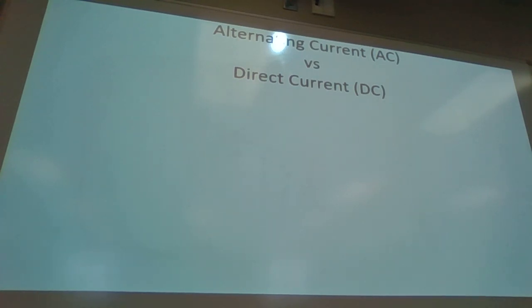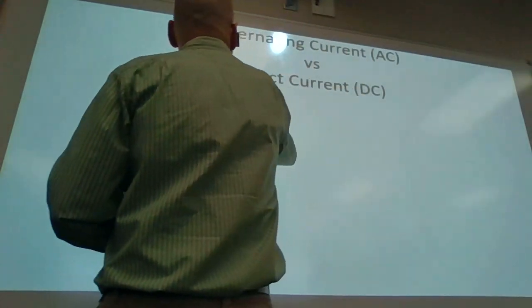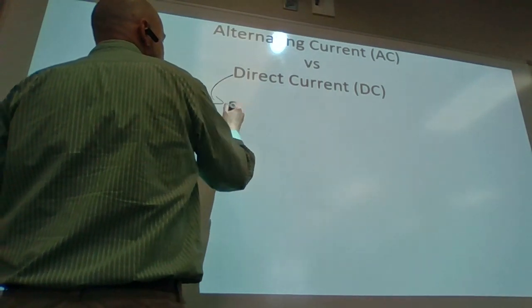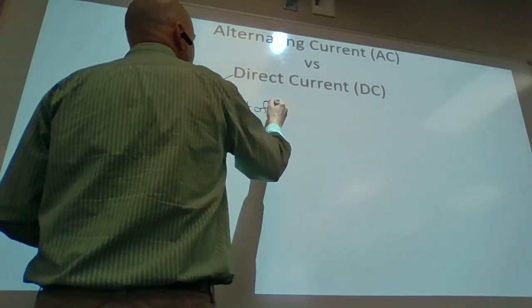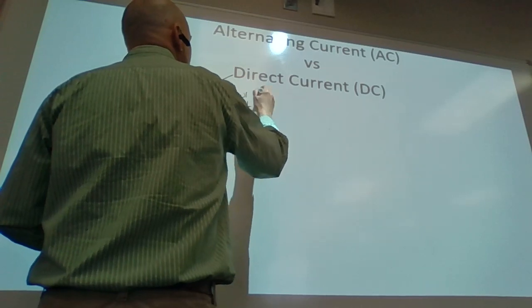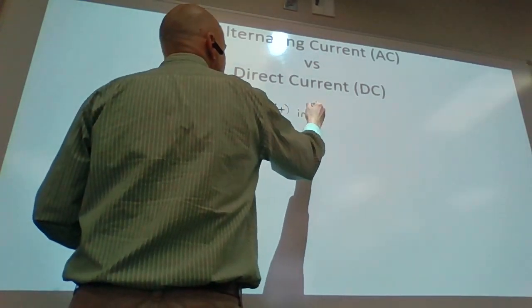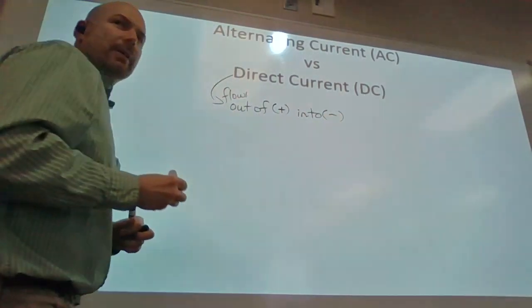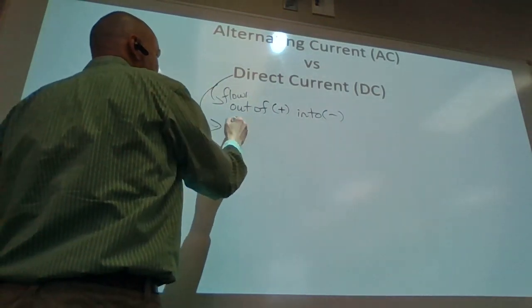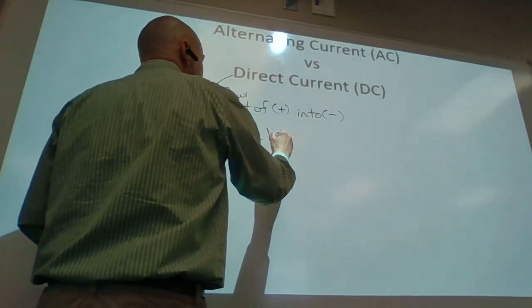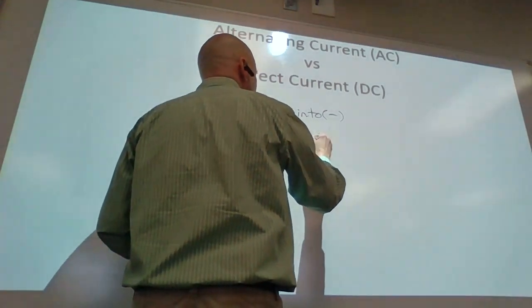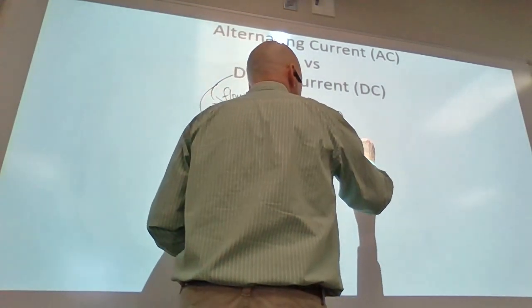Okay, now, one last thing. This back and forth current is known as alternating current. Up until this point, I've led you to believe that all current is direct current, DC. It flows out of positive into negative. That's what I've taught you. These come from batteries and solar panels.